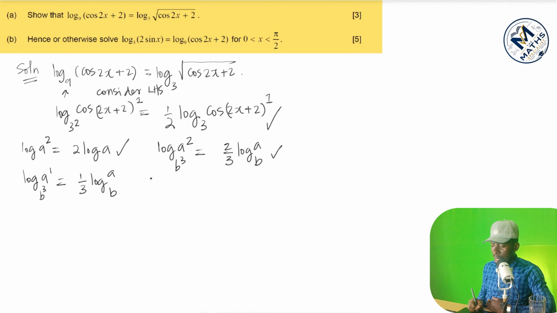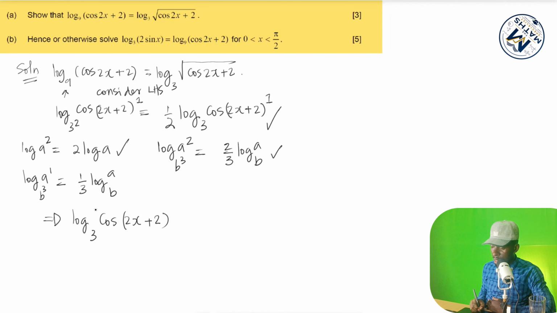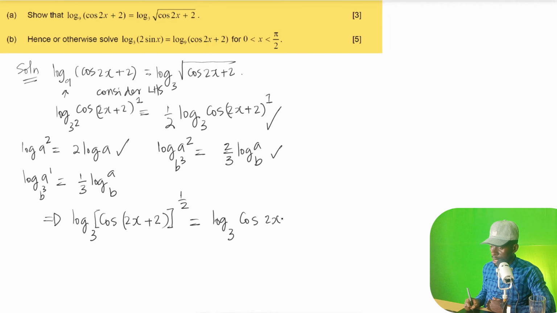So the whole thing is equivalent to saying log base 3 of cosine of 2x plus 2, the whole quantity to the power of a half, which is equivalent to log base 3 of cosine of 2x plus 2 in brackets under the square root, which equals the right-hand side.